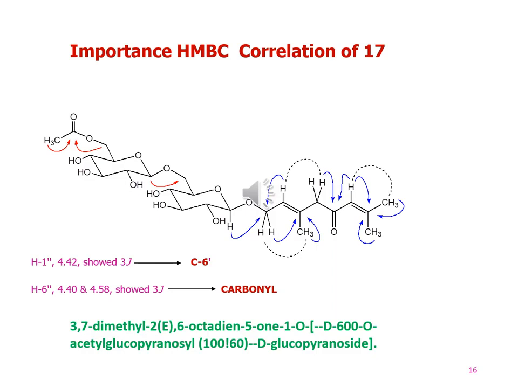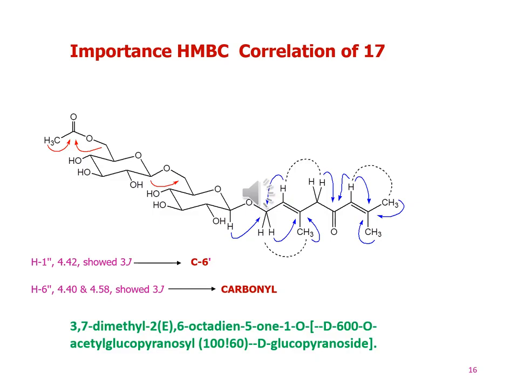The proton 1'', which has a value of 4.42, showed 3J correlation with carbon 6'. The proton 6'', which has values of 4.40 and 4.58, showed 3J correlation with the carbonyl unit. So, important HMBC and NOE correlations are shown in these molecules.